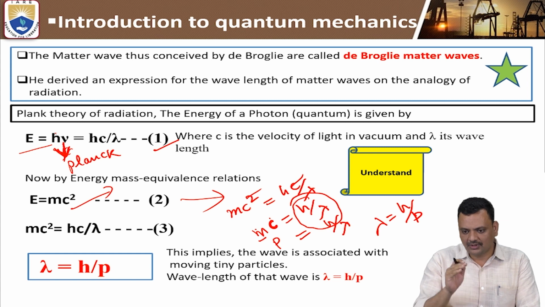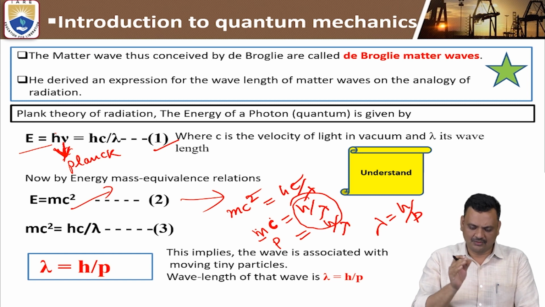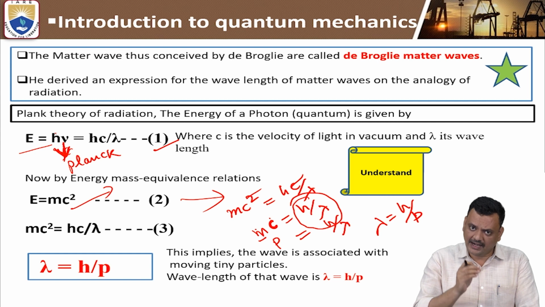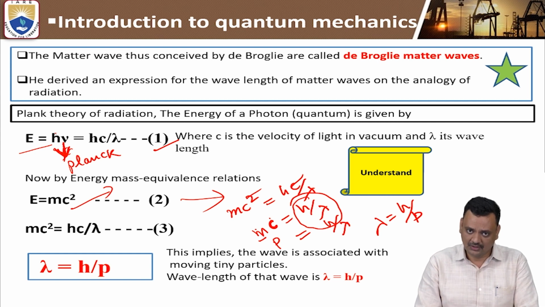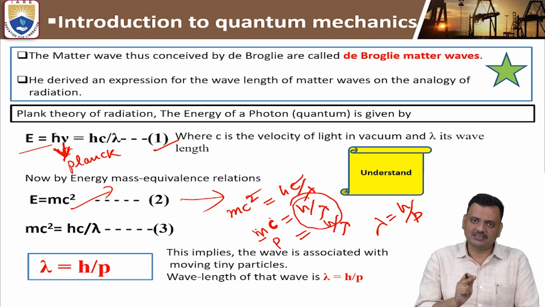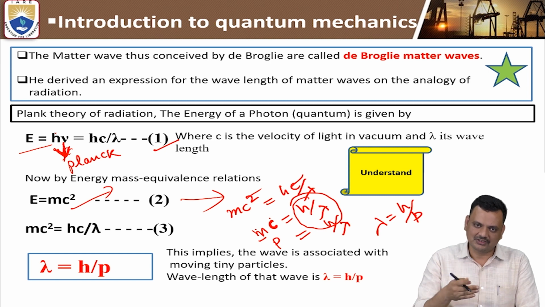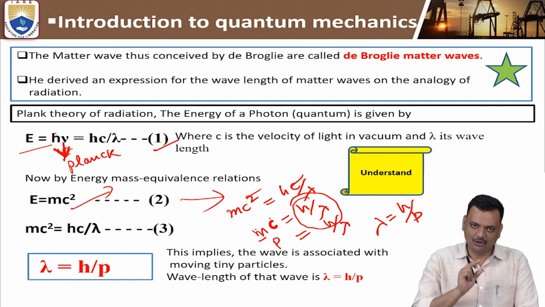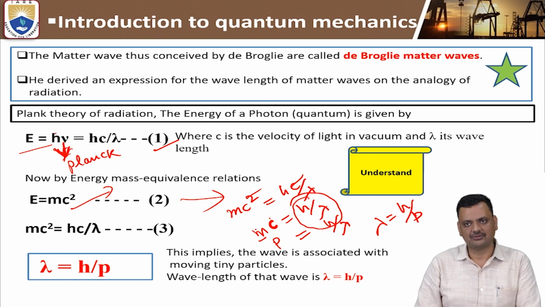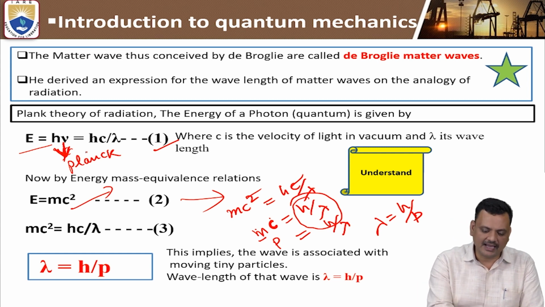You may feel that an infinite number of energies can exist in between h nu and 2h nu. But he said no, this energy will be quantized, and it will be either h nu, 2h nu, or 3h nu. The lowest possible energy is h nu. So this is the Planck radiation law.